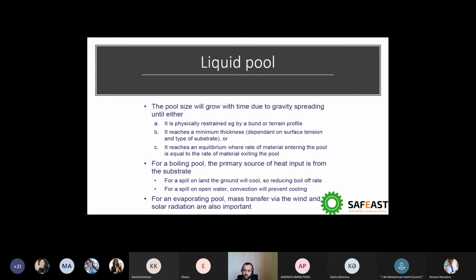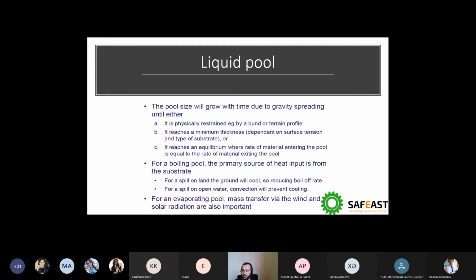Or sometimes it reaches equilibrium. Let's say you have got a continuous release, and you also have a rate of material exiting the pool. It could be due to evaporation, or due to burning, so it's an ignited pool. When the material entering the pool equals the material exiting the pool, the pool size growth will stop.